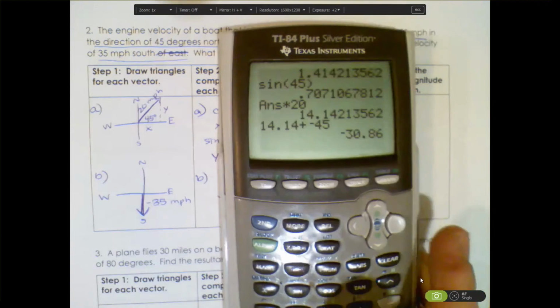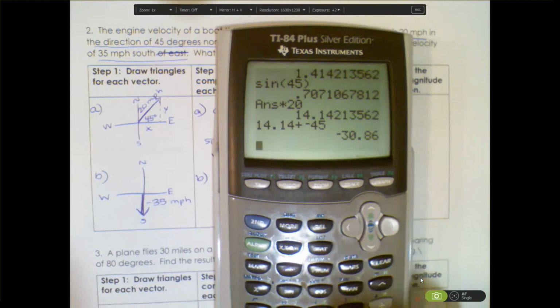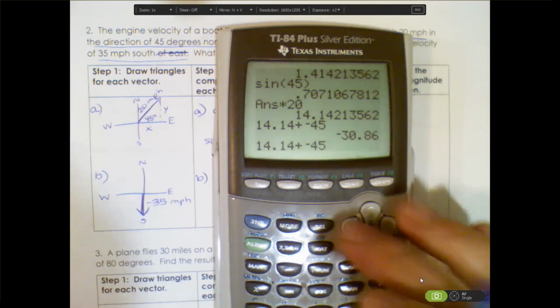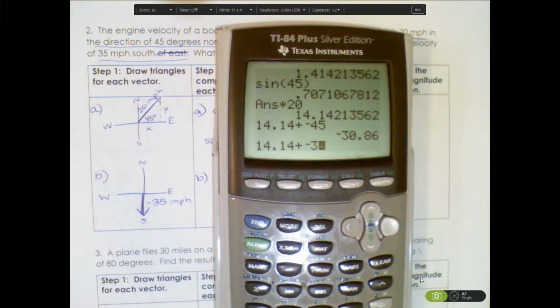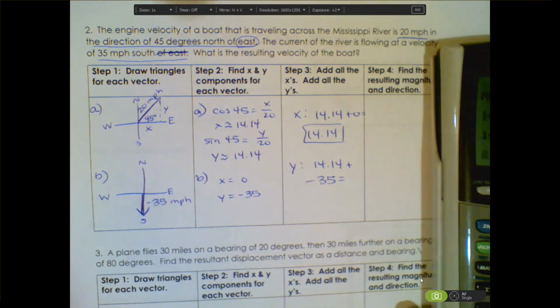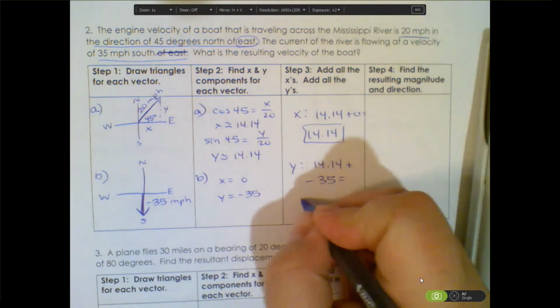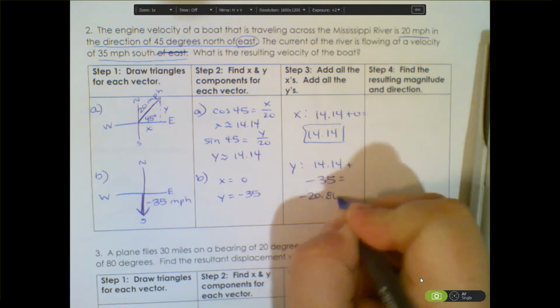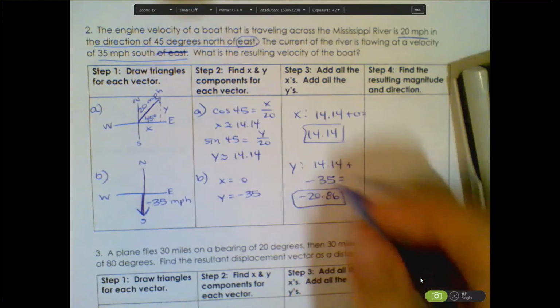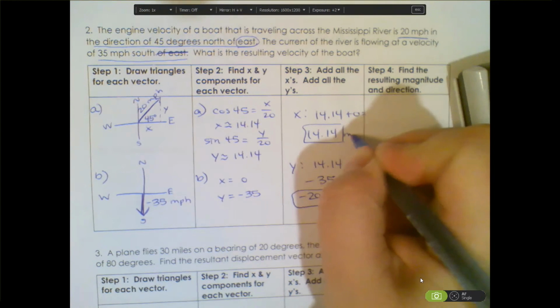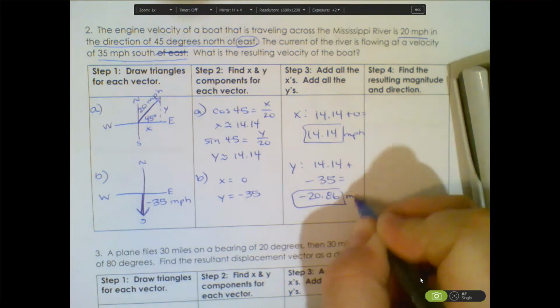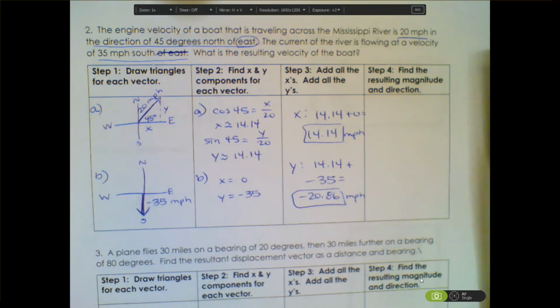Oh, and I still did a mistake. It's plus negative 35. All right, let's go back to the entry and change that to 35. Okay, negative 20.86. And by the way, these are all miles per hour. I like to put those labels on.